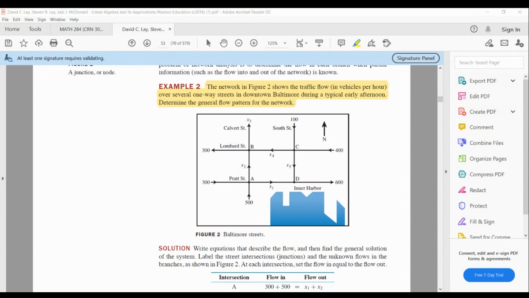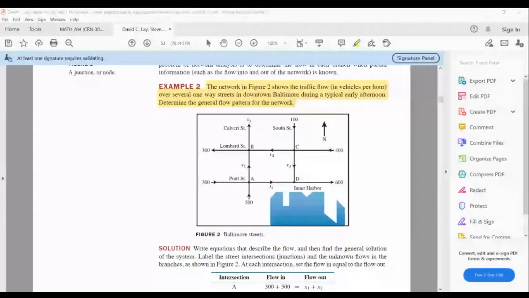That's right. So now leaving that junction A, what variable represents vehicles per hour leaving on Pratt Street? What variable goes with that?